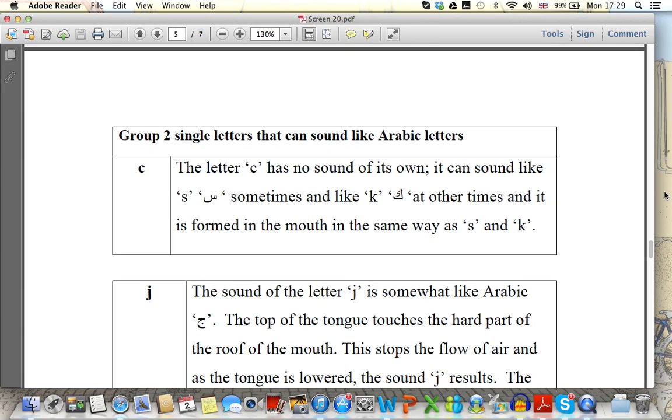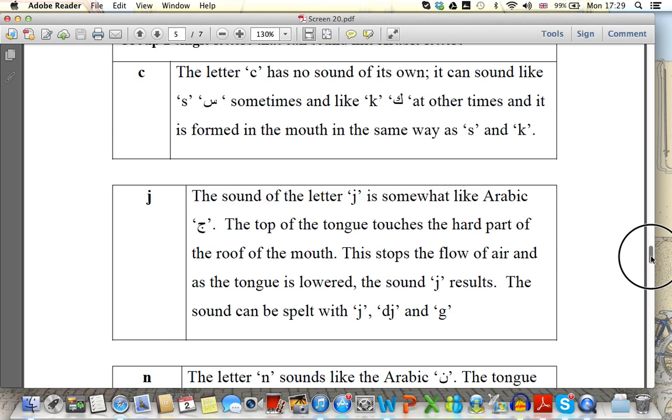And these are single letters that can sound like Arabic letters. Let's take the first one here, C. C is actually quite a peculiar letter in English because it has no sound of its own, but is sometimes sounded like S as in city, and sounds like the Arabic sin, and then sometimes sounds like K, kaf, as in cat, or cut.